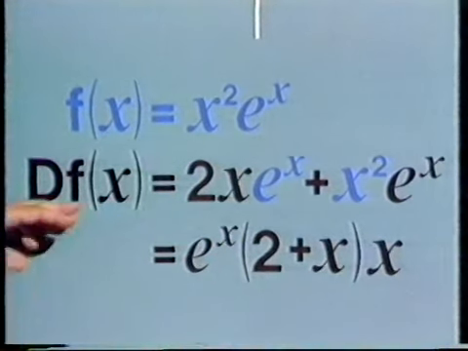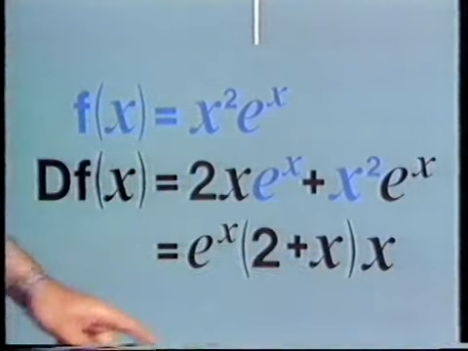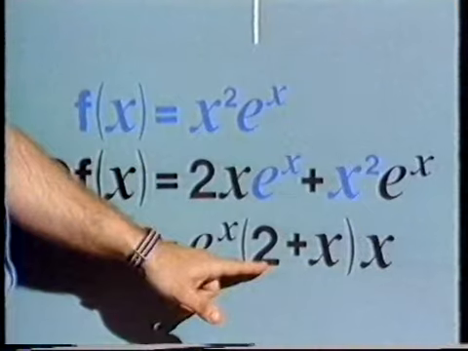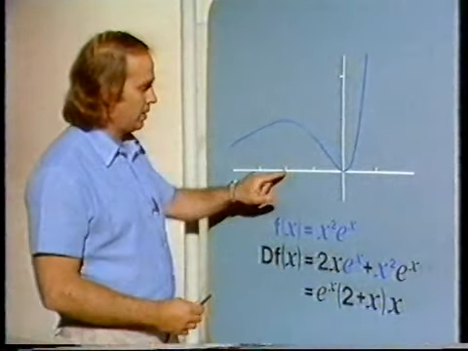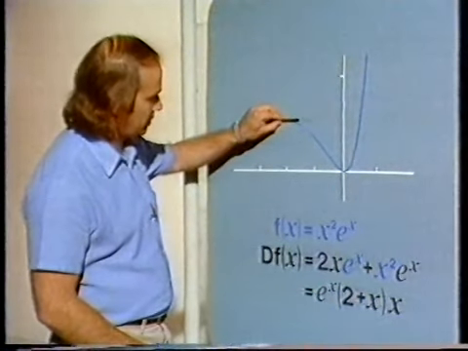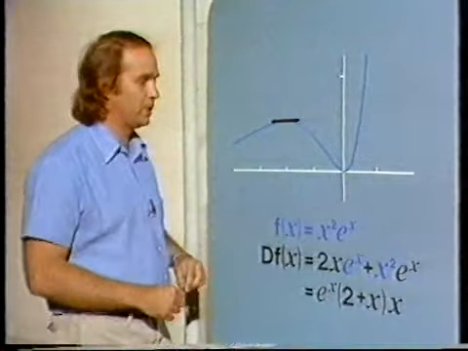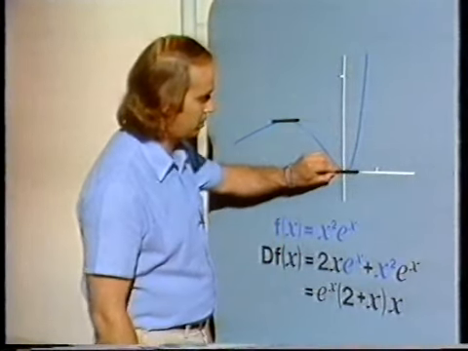As you can see, the derivative will vanish when x is equal to 0, and also when x is equal to minus 2. And this ties up very nicely with our graph. At x equal to minus 2, a 0 derivative at this local maximum, and at x equals 0, a 0 derivative at this minimum.